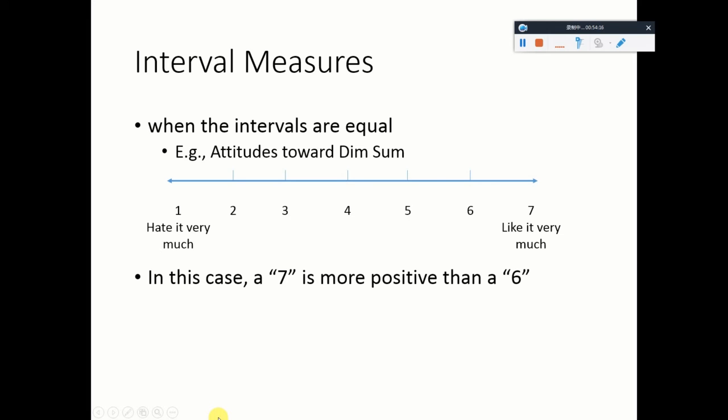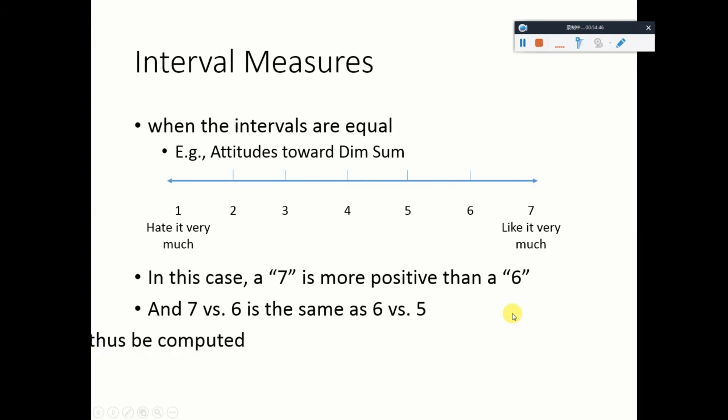So in this case, with this particular scale, a 7 is definitely better than 6. But at the same time, and very importantly, 7 is better than 6 to the same extent as 6 is better than 5. The reason is exactly because these two intervals, the interval between 5 and 6 and the interval between 6 and 7, are the same.